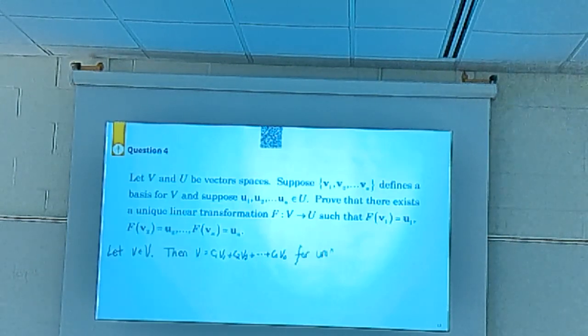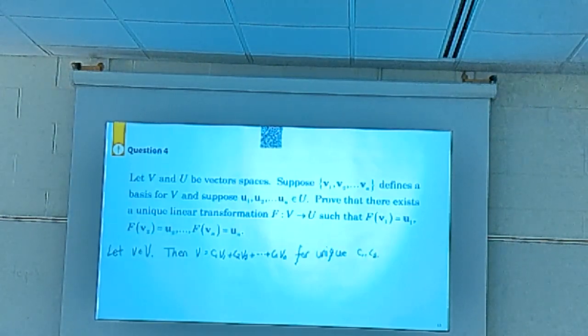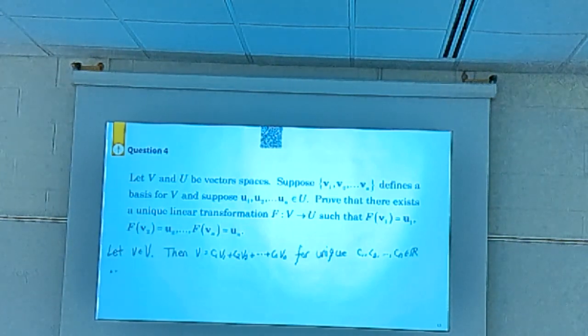For unique constants C1 through Cn, why? I thought I saw a hand. I didn't. Why can I say that there have to be unique constants C1 through Cn, where V is C1 V1 plus C2 V2 plus so on and so forth?